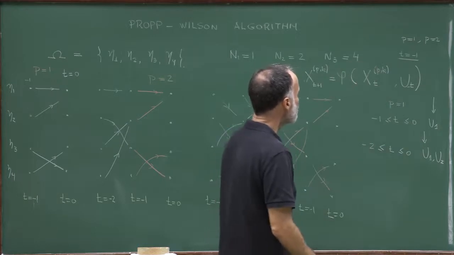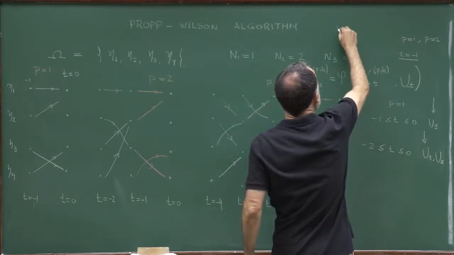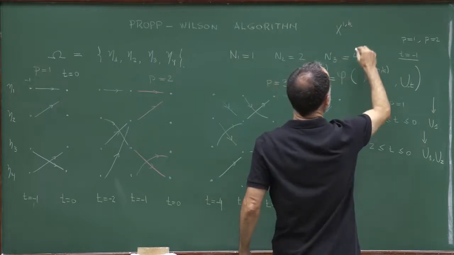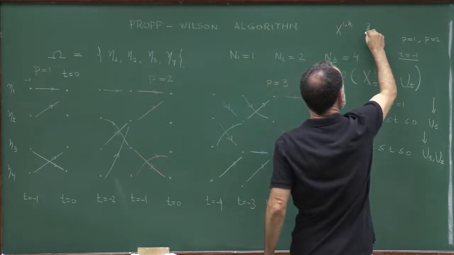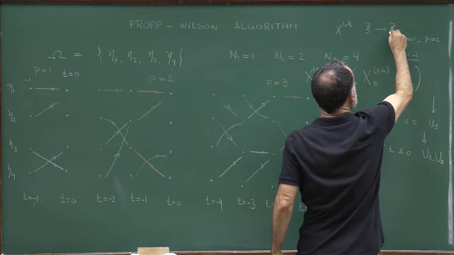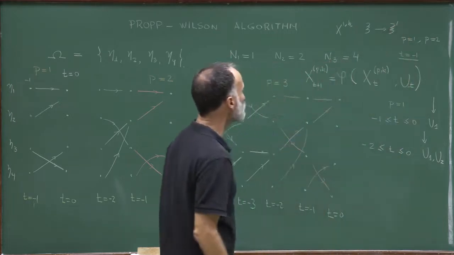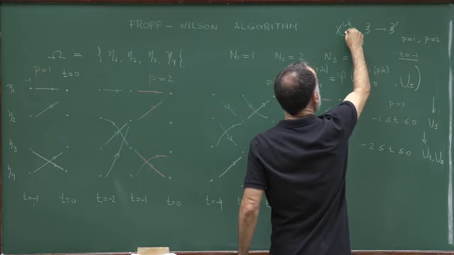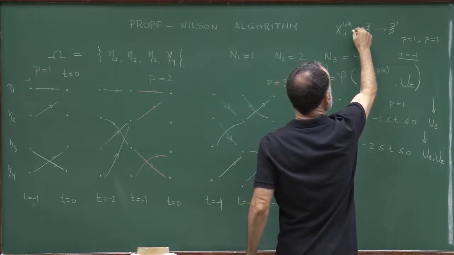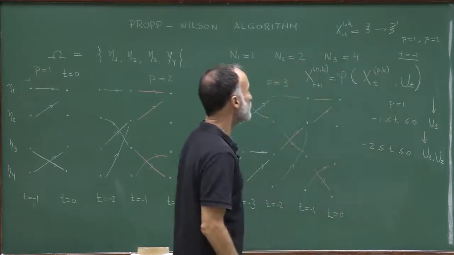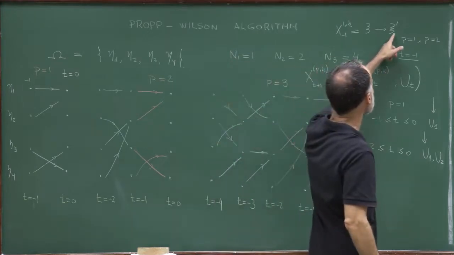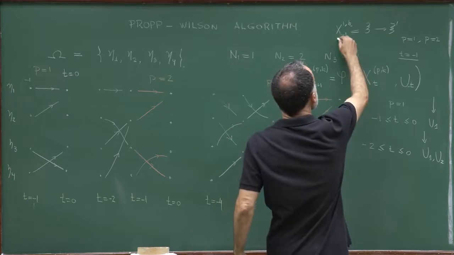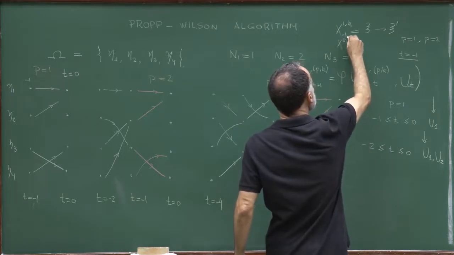Which means that if for the chain x1k at time -1, the process was at xi and it jumped to xi prime at time 0, the same will happen to the chain x2k.